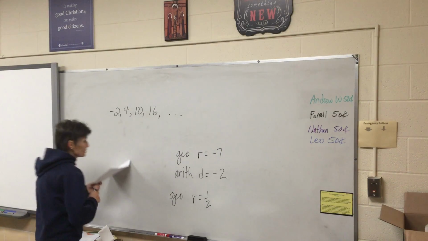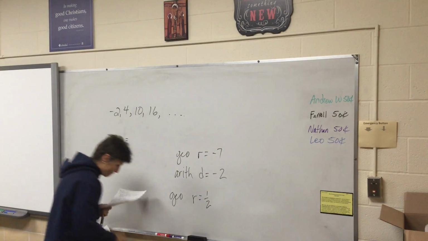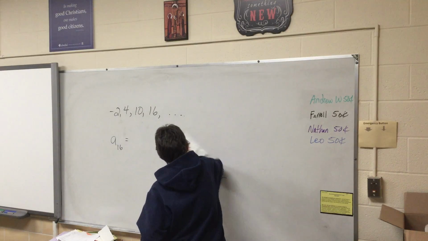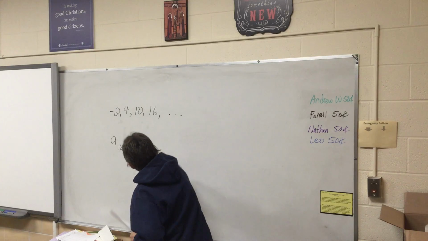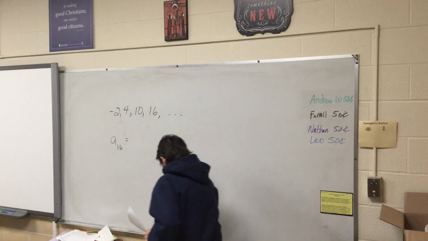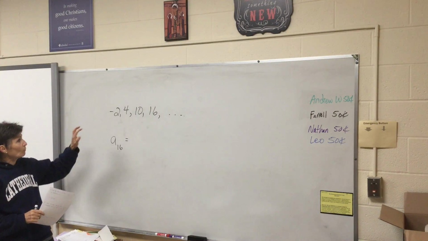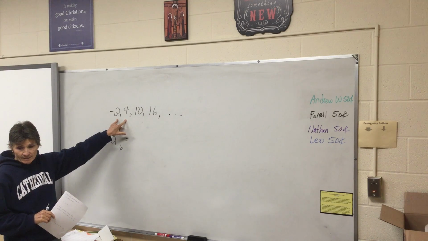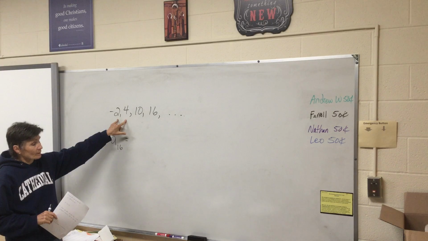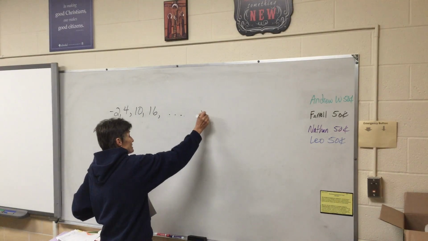So is it arithmetic or geometric? If it's geometric, I'll be multiplying by the same number. So what am I multiplying by? Never mind. Yeah, that's not going to work, is it? Just plus 6. It's adding 6. So it's arithmetic, and the difference is 6.